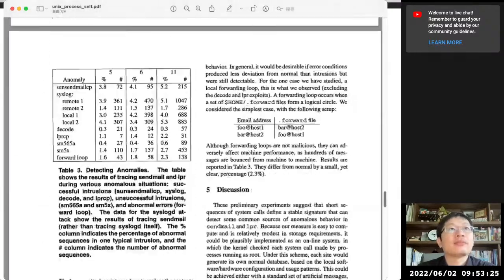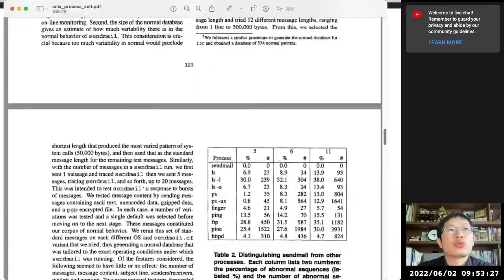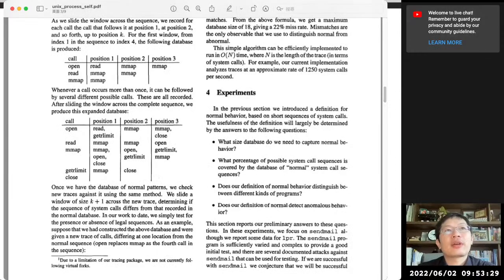The author used the system call sequences as the normal behavior of these normal programs.